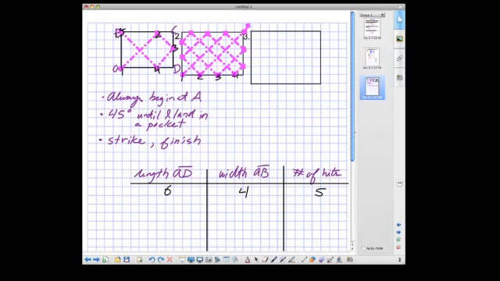When we count the number of hits, we have 1, 2, 3, 4, 5, 6, 7, 8, 9, 10, 11, and 12. So we have 12 hits for a pool table with line segment AD being a length of 7 and line segment AB being a length of 5.